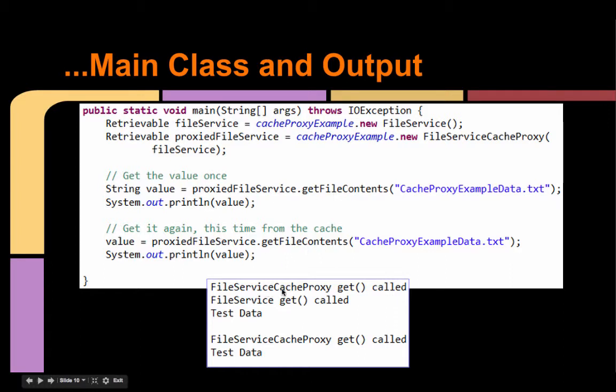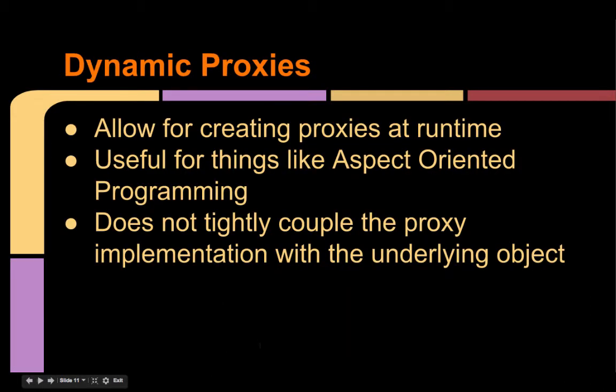So the first time the cache gets called, it delegates to the file service, and then it returns the value. The second time the cache service gets called, because it's in the cache, it doesn't need to delegate, and then it returns. So it's an example of caching using proxies.